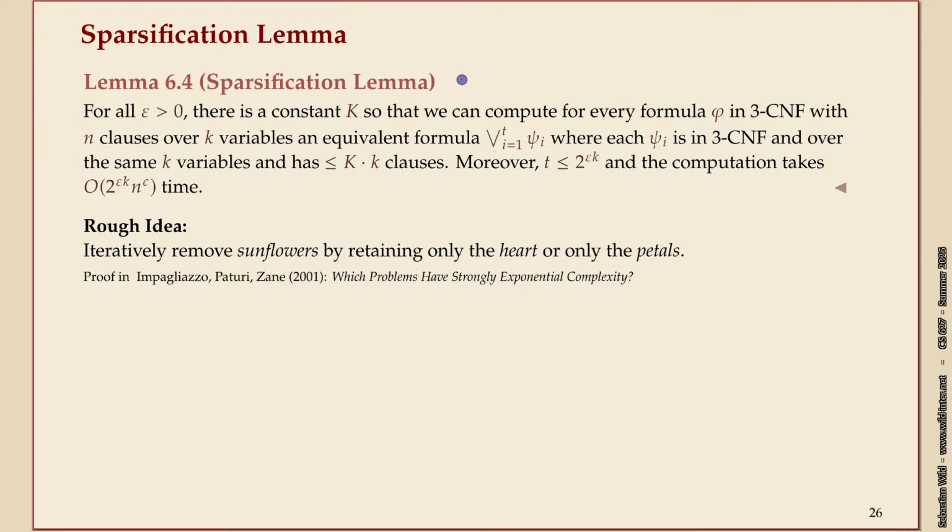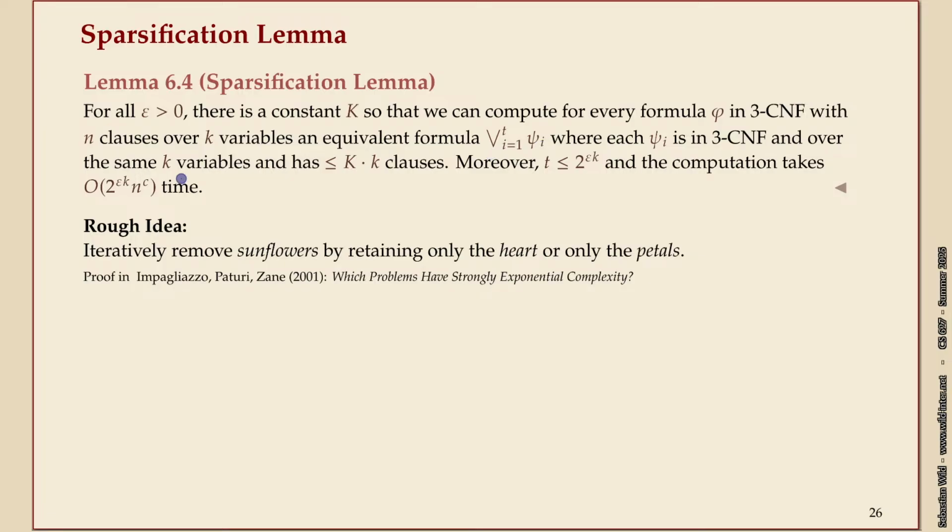In a way, it's rewriting a certain 3-SAT formula so that the number of variables and the number of clauses are similar. Formally, it says for every parameter epsilon that you give me, there's some constant that I tell you, so that I can take your 3-SAT formula phi with n clauses and k variables, and I can give you an equivalent formula, so it's logically equivalent, which is a big disjunction of many smaller 3-SAT formulas.